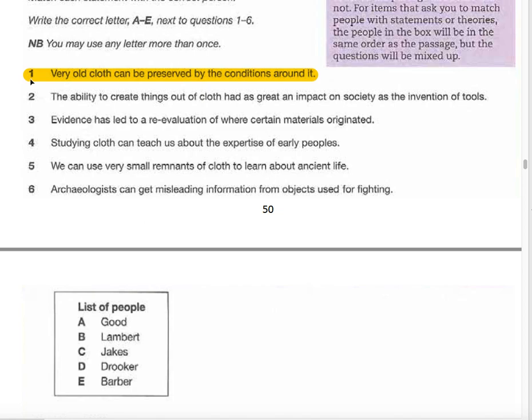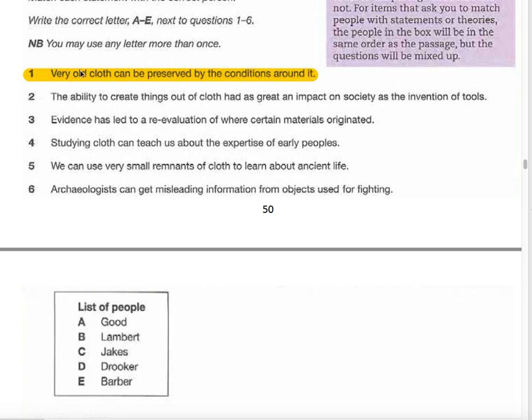So question 1 says, very old cloth can be preserved by the conditions around it. That's what it says. Can you say it another way? When we rephrase, we get ourselves mentally prepared for finding that information. You should take about 10 to 20 seconds to rephrase.